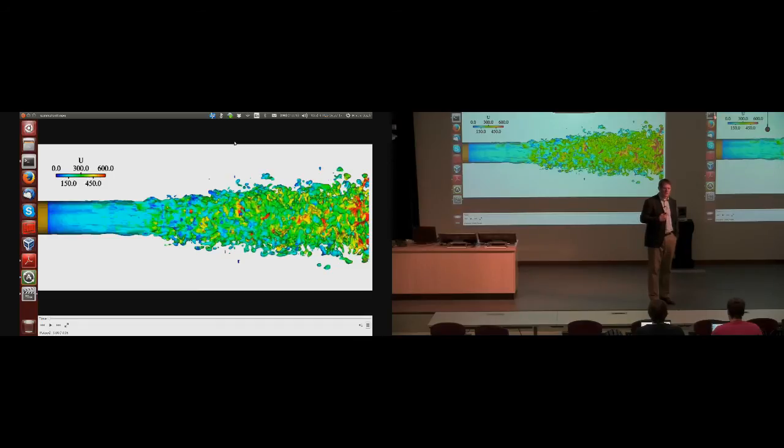I quite like this movie because first, the mesh is very, very fine, and second, it shows you the limits of what you can do with volume of fluid. Okay? In order for the volume of fluid to work properly, you need to have enough mesh to resolve individual droplets like this. Okay?